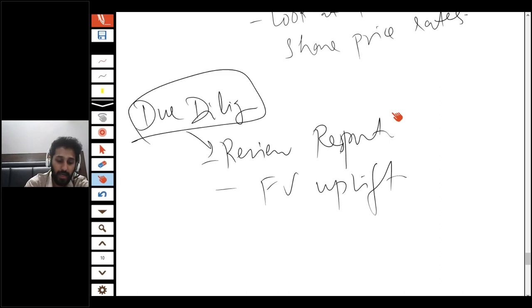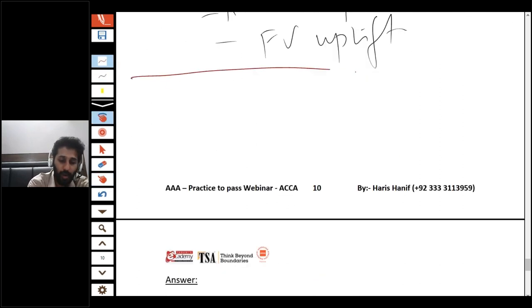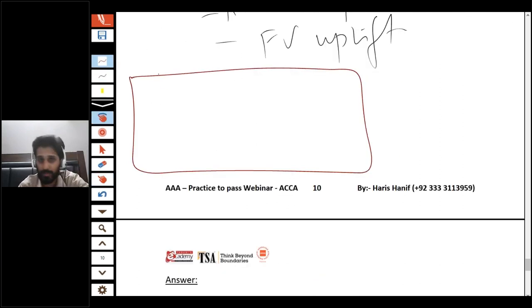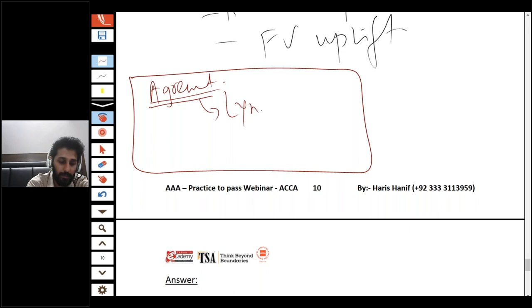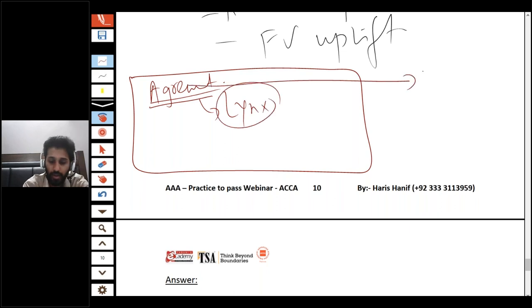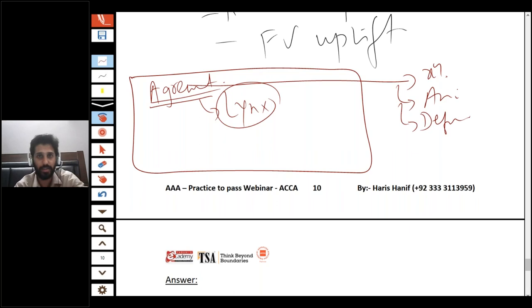And one more important thing, you are not purchasing a grocery, you are purchasing a subsidiary, right? So there would be the agreement with Links company, and the agreement is showing your holding percentage, the amount, and the deferred consideration or the contingent consideration. So we will have to review all these things, right?